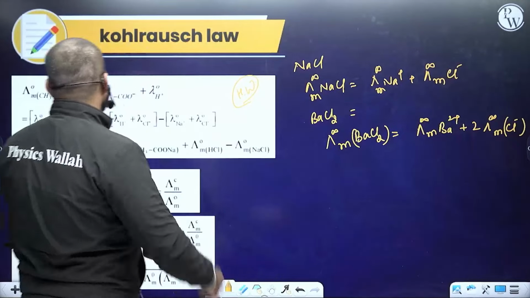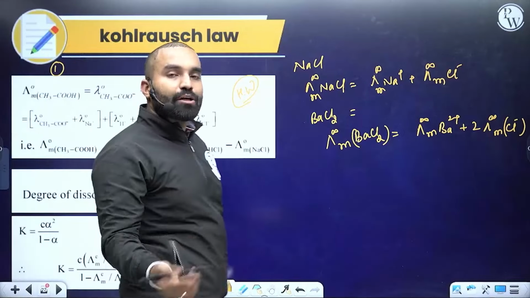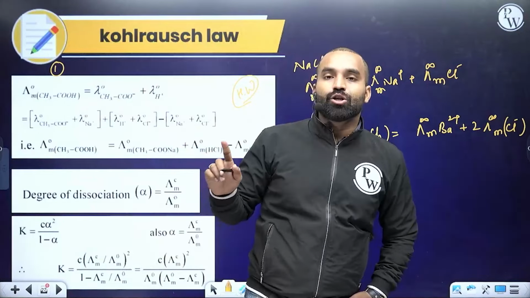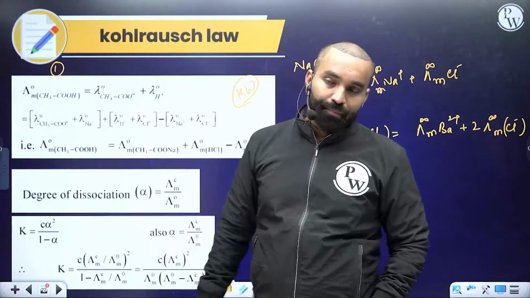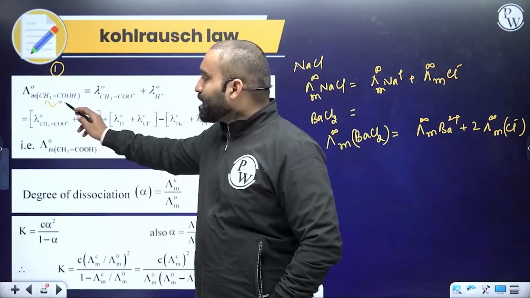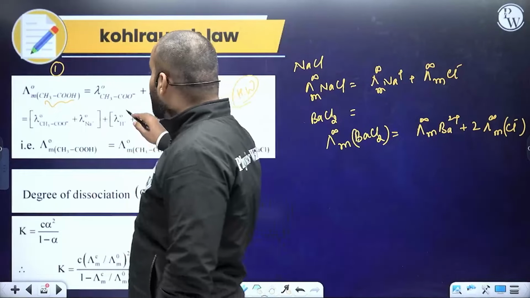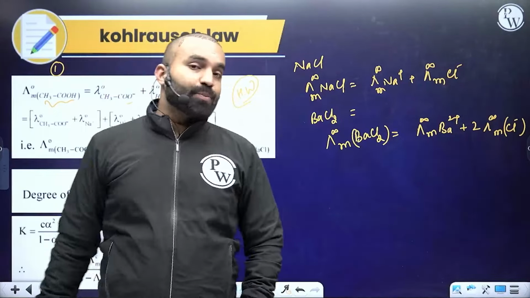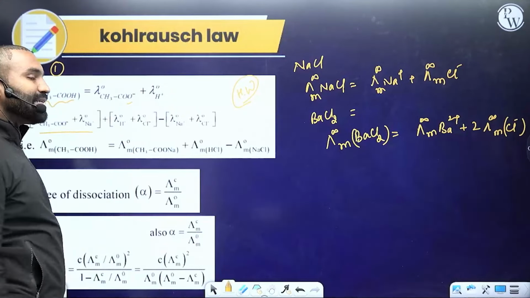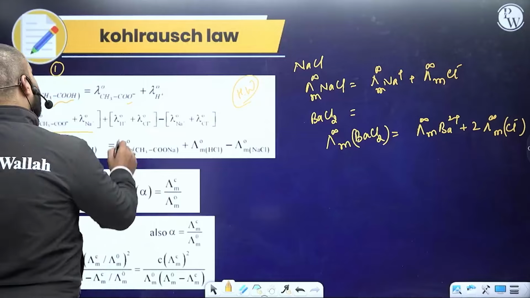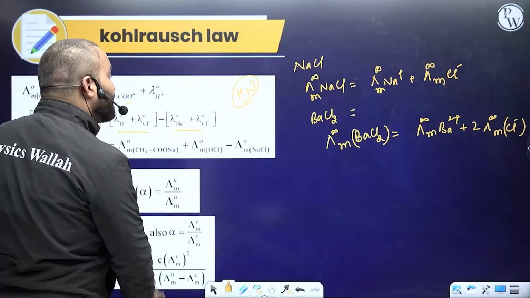Application number 1: with the help of the conductance of strong electrolytes, we can calculate the conductance of a weak electrolyte. A weak electrolyte, for example acetic acid, will dissociate to produce acetate as well as H plus ion. Suppose I have sodium acetate, HCl and NaCl. These three dissociate 100%.